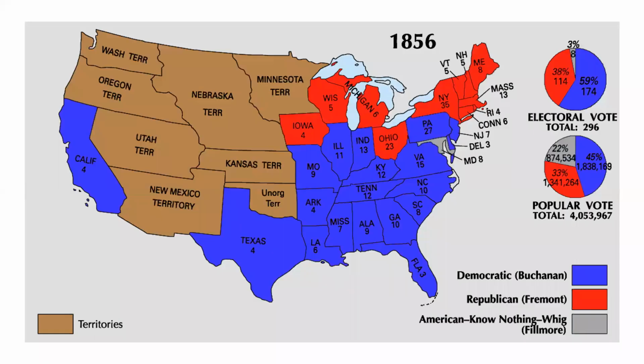In the 1856 presidential election, Republican John Fremont had won 114 electoral votes to James Buchanan's 174.